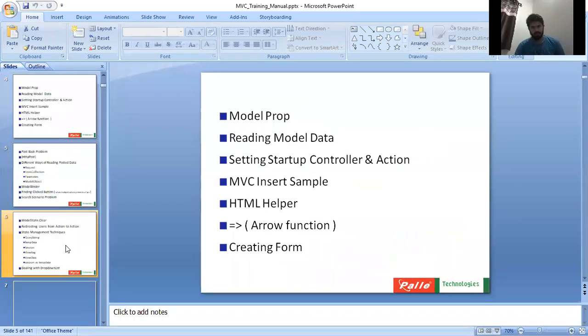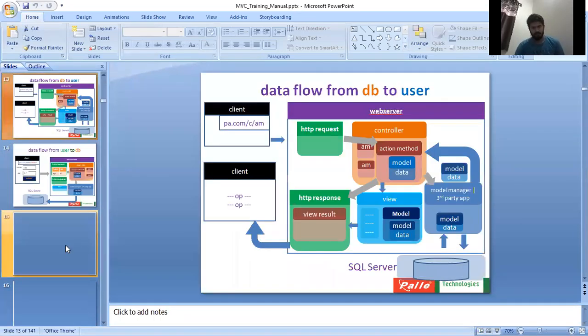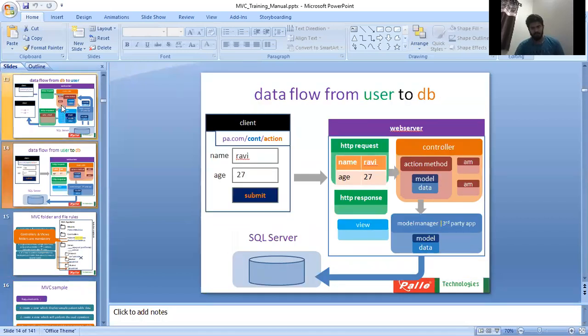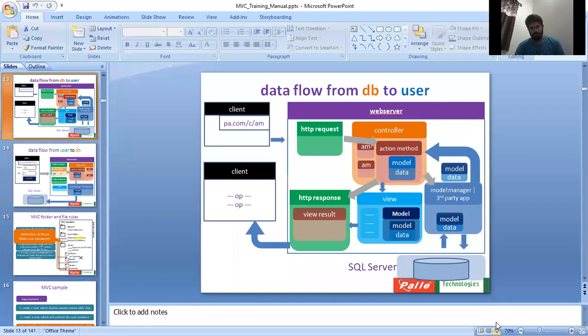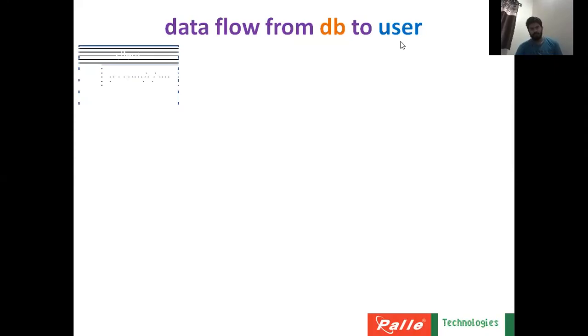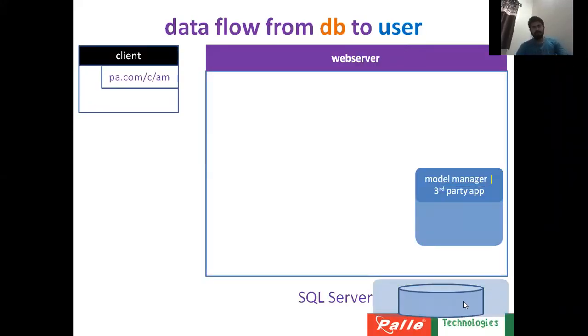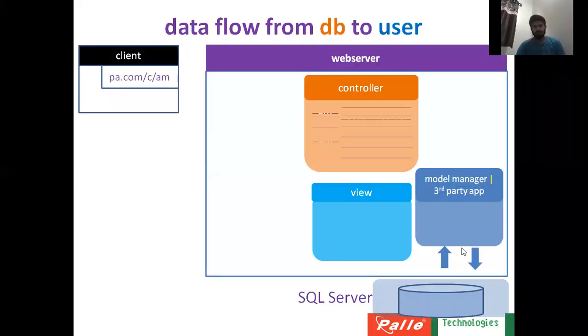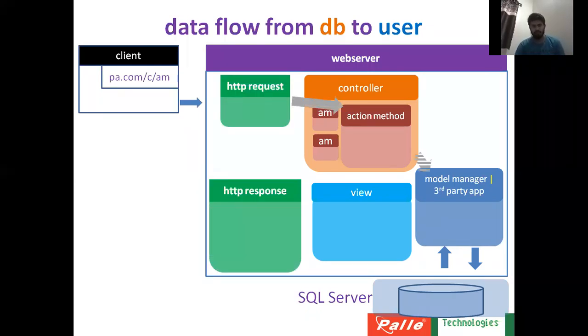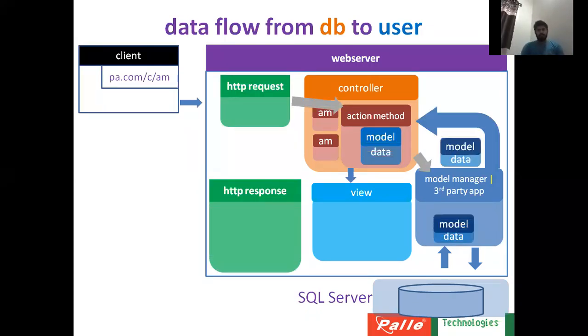Yesterday we were discussing about this one, data flow. We will be talking about data flow from database to user. So now currently I wanted to fetch the data present in database and I wanted to display the list of patient details to the users.